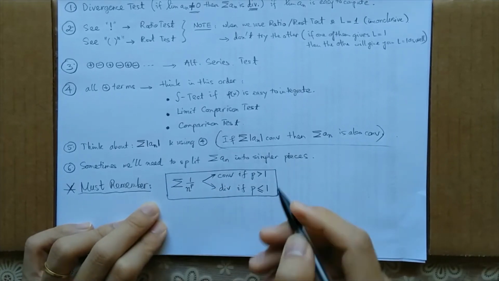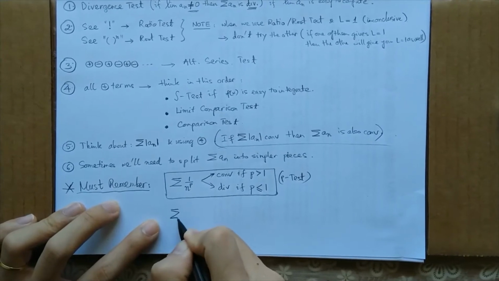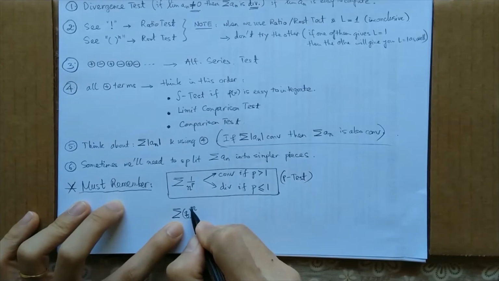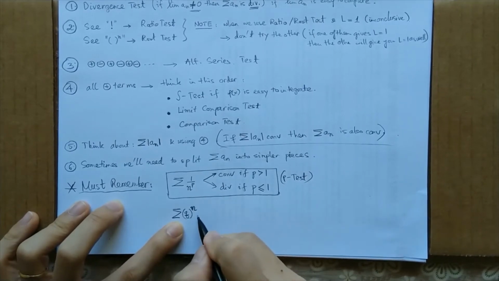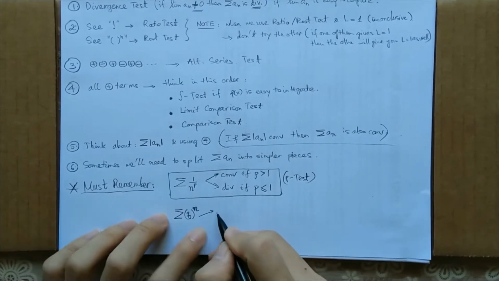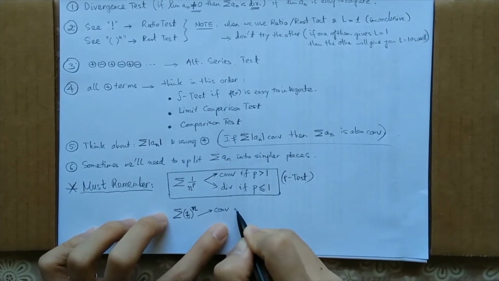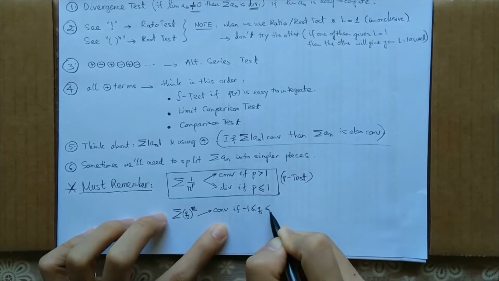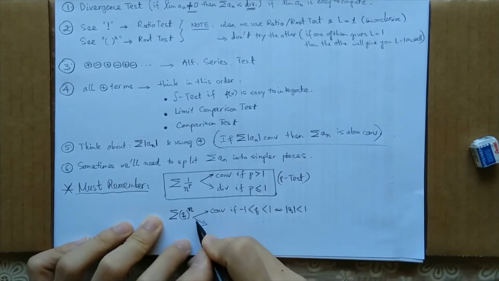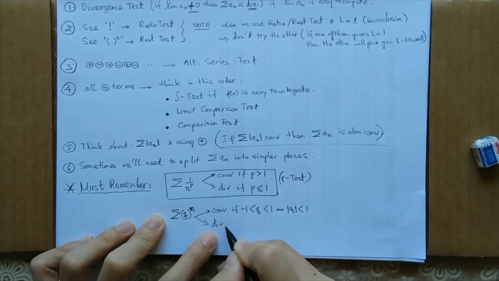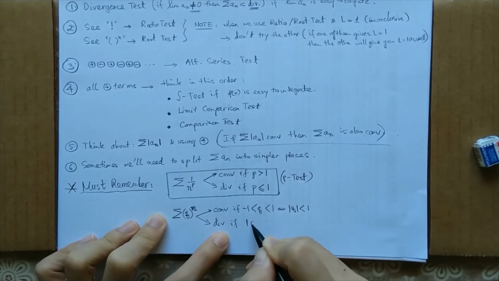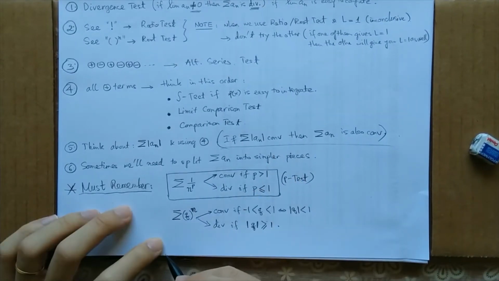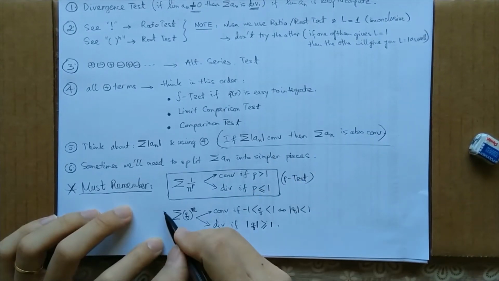The p-test. And the other one is the geometric series. This is very, very important. For this one, you are going to have convergence if q is in between -1 and 1, and you are going to have divergence if the absolute value of q is greater than or equal to 1.